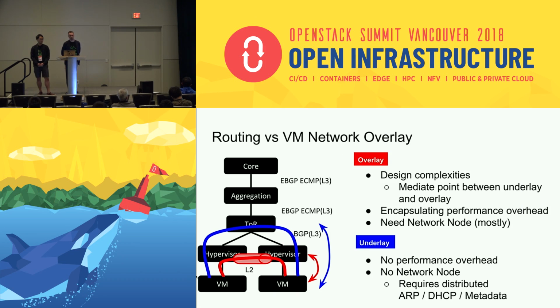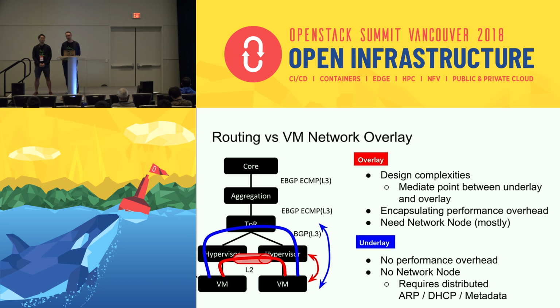In case of the overlay approach, the overlay always introduces some kind of layer of complexity. Of course, it's an overlay. You have to have a mediation point between underlays and overlays. So many solutions would require some kind of dedicated network node, whether it's an actual traditional network node in Linux Bridge or VXLANs, but even in some more advanced so-called distributed network SDN solutions, there's always a network node, even if it's distributed together with hypervisors or if it requires some special distributed data store, etc. It always requires a certain type of overhead.